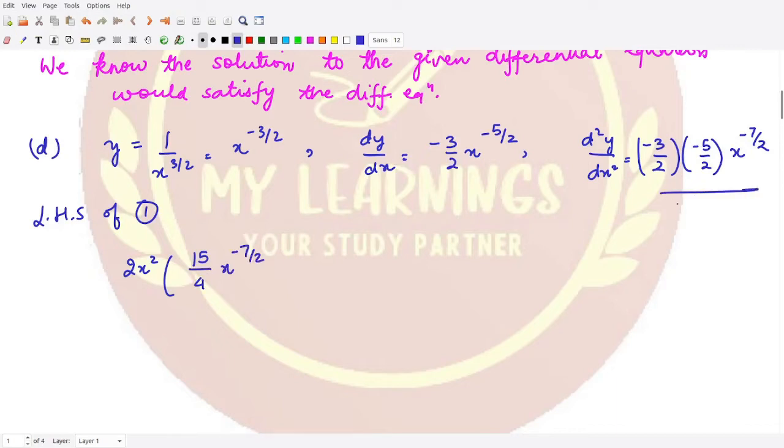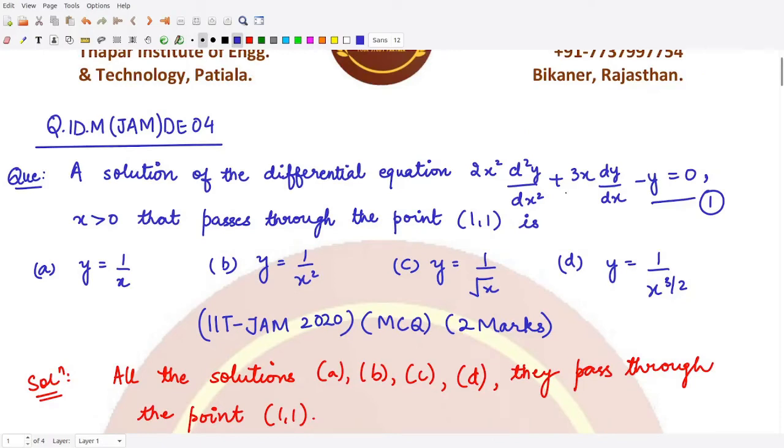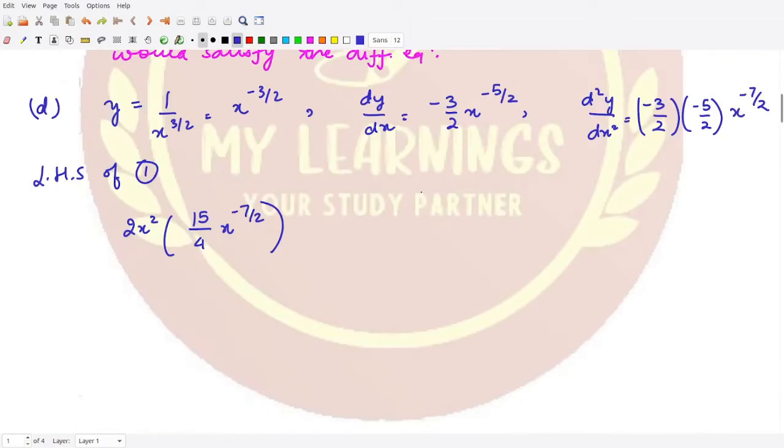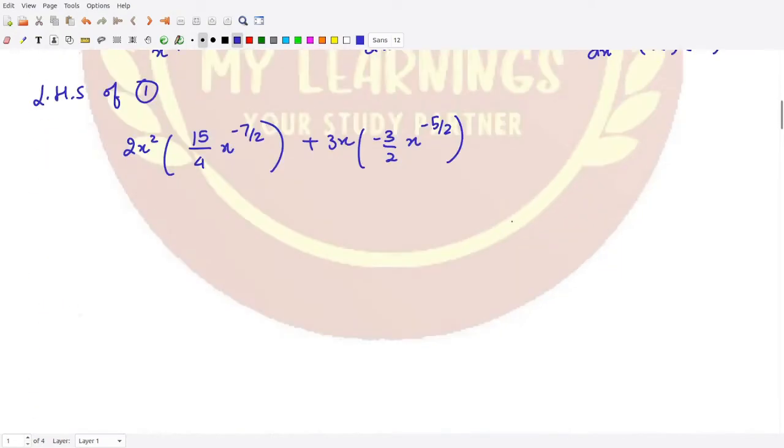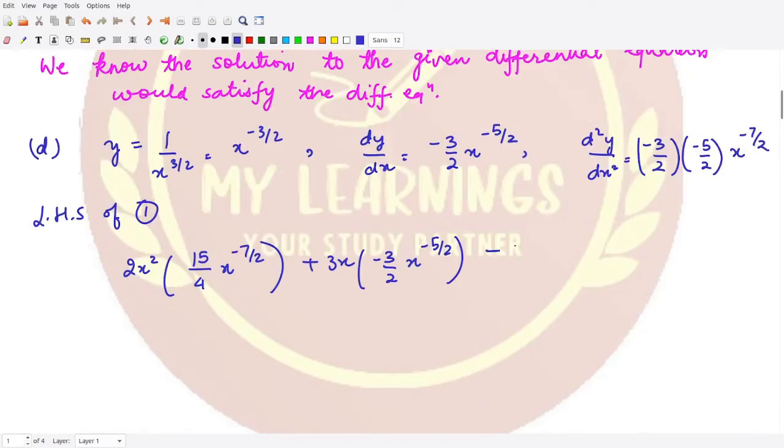The next term in the given differential equation is plus 3x multiplied with the first derivative, which is minus 3 by 2 x to the power minus 5 by 2, and the last term is minus y. The value of y is x to the power minus 3 by 2. We just have to solve this and see whether this is equal to the right hand side, which is nothing but a 0.